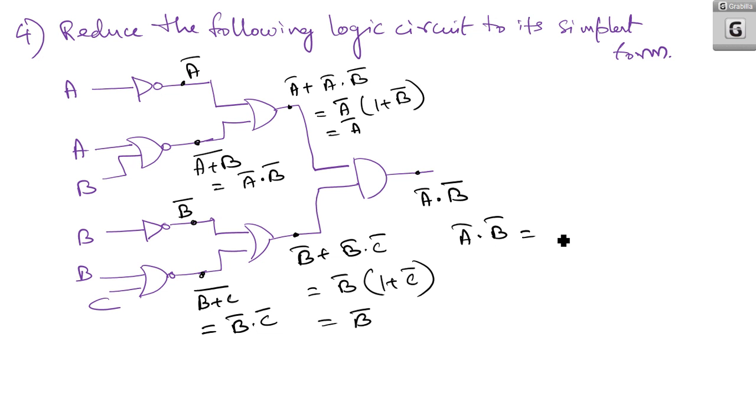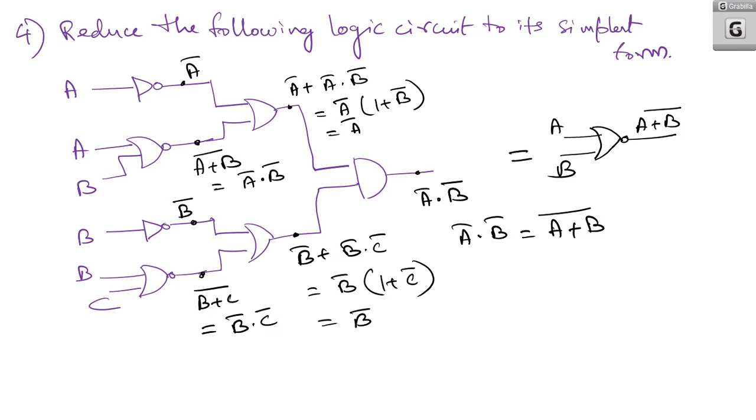According to De Morgan's law, you can write it as A or B whole bar. So this logic circuit can be reduced into a NOR gate. Right? A or B whole bar. This logic circuit can be realized using only a single gate.